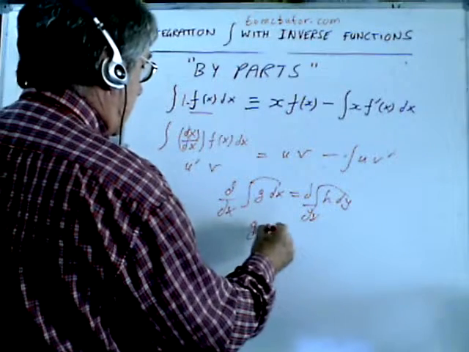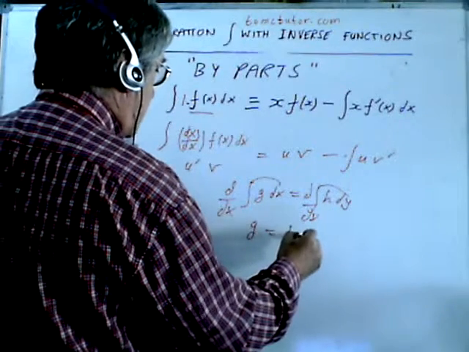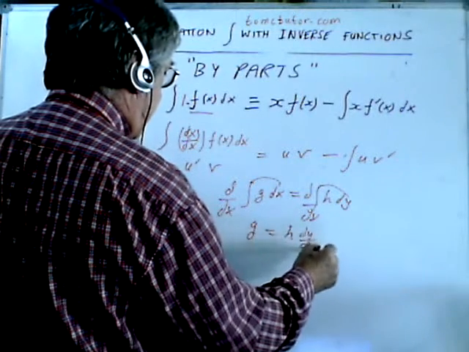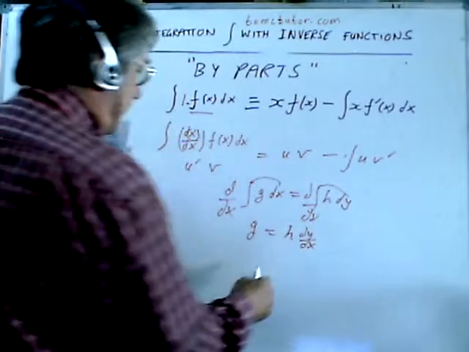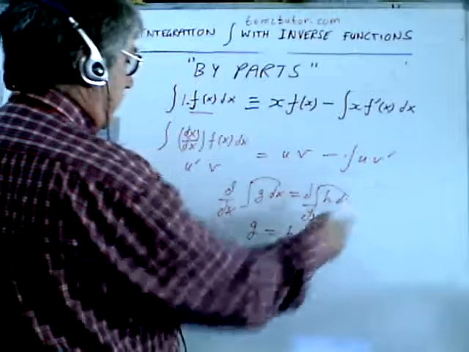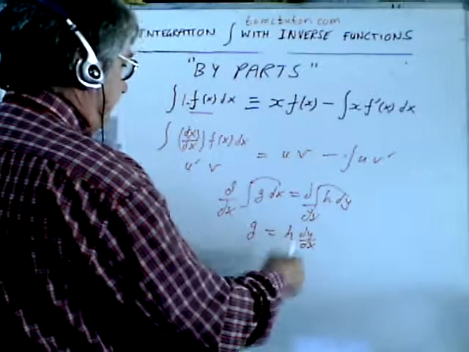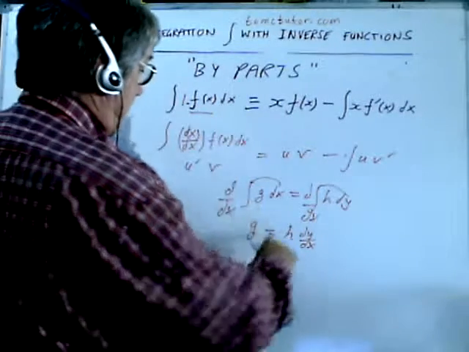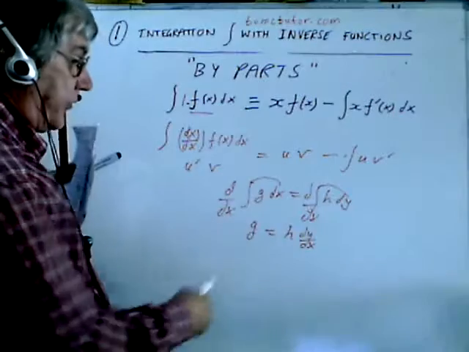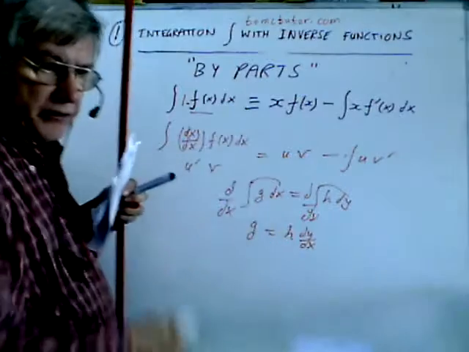So that means that g would be equal to h dy dx or something like that. Okay, so in any event, you'd have a function here. So you can differentiate both sides.